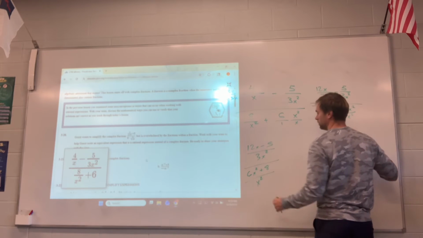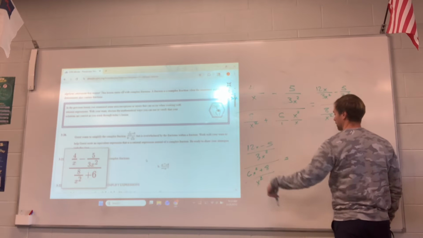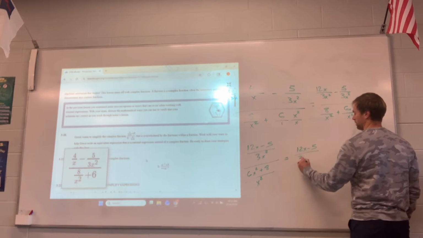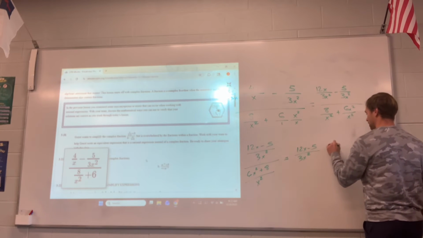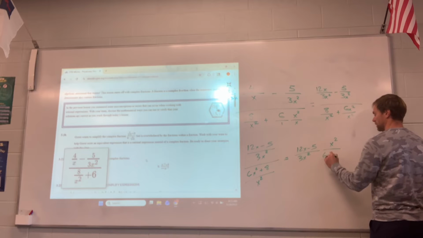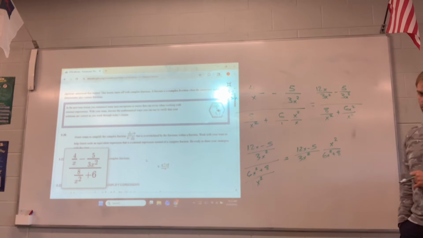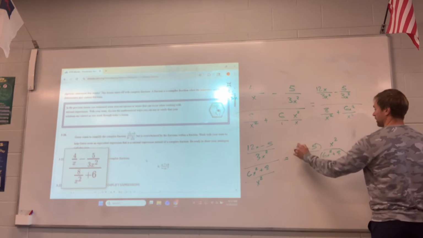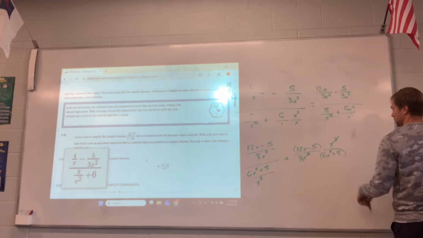Now what? Same process. Now what? So it stays the same. Multiply, reciprocate, right? So x squared over 6x squared plus 8. What can you do? Cancel x squared. Good. What does that leave me?